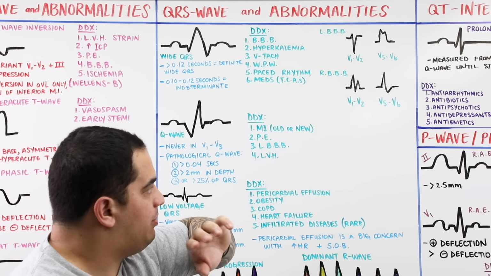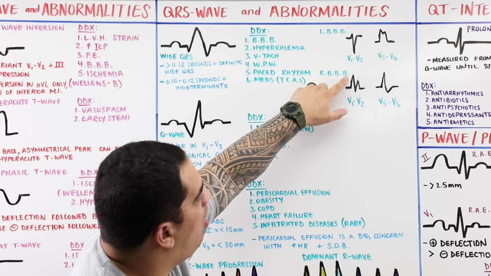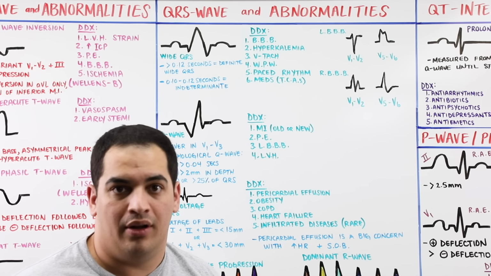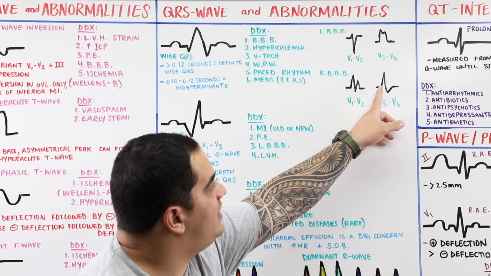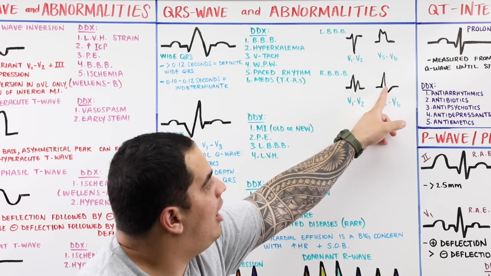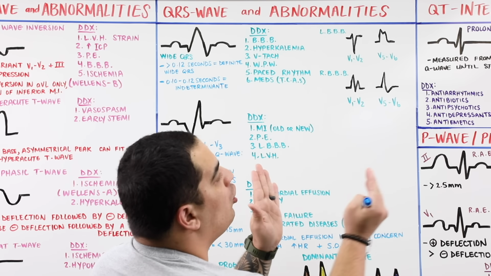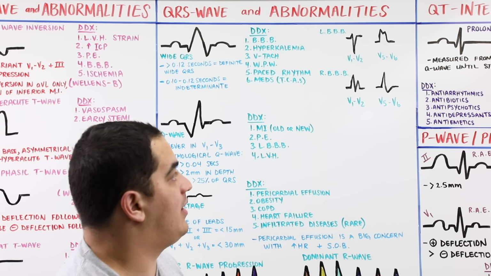For right bundle branch blocks, when I look in V1 to V2, you have this characteristic R, S, R prime pattern that you see in V1 and V2. And then in V5 and V6, you have your R wave coming down into your S wave, but look how wide the S wave is. There's a slurring of the S wave in V5 and V6 for right bundle branch blocks.